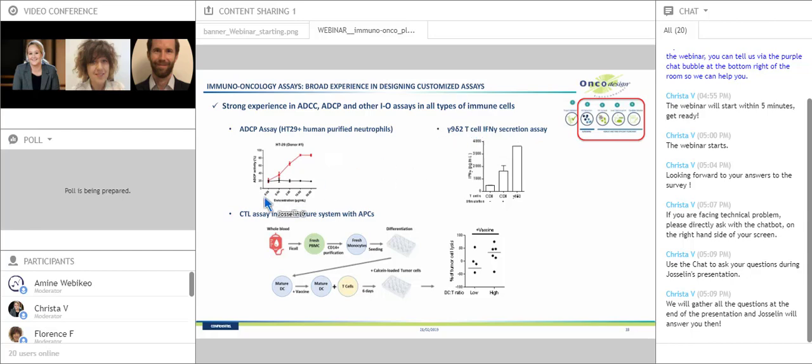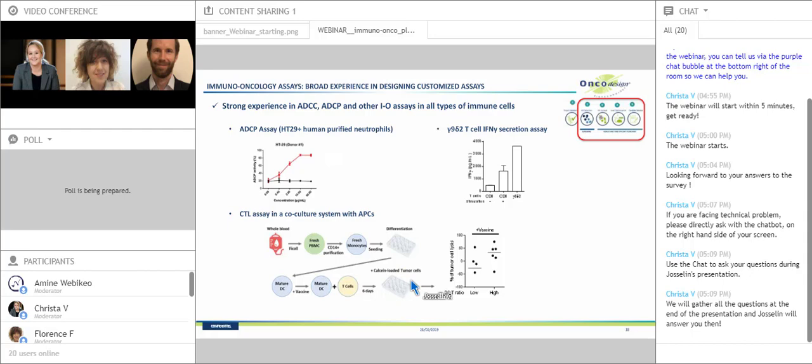And finally, the last example I wanted to emphasize is this kind of ADCP assay in which we took whole blood, we purified PBMC monocytes, and we differentiated them into mature dendritic cells. These ones were vaccinated with a vaccine a client gave us. Then these vaccinated DCs were co-cultured with T cells for a week, and then co-cultured with tumor cells that were previously loaded with calcein.